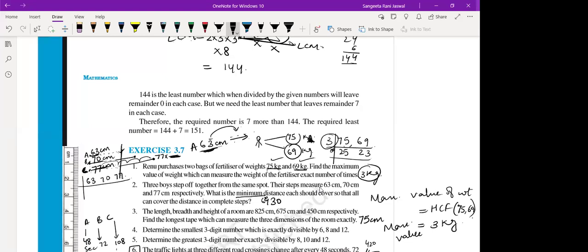So write down the length. First boy's step measure is 63 centimeters. You can write like this. First boy's step measure is 63 centimeters. Then second boy's step measure is 70 centimeters. And same way, third boy's step measure is 77 centimeters. Write the statements.